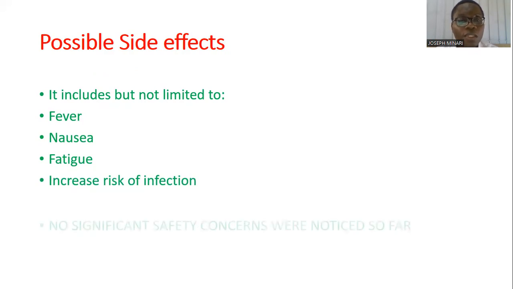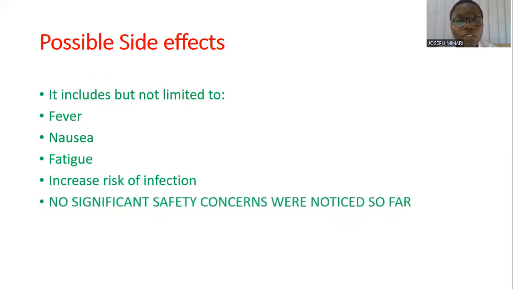But having said that, there has been no significant safety concern reported for this CRISPR drug. I think it's a major breakthrough because this technology is now going to be deployed for other disorders to see to what extent they can be cured as well.